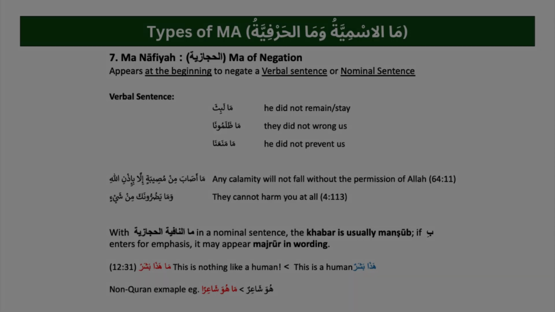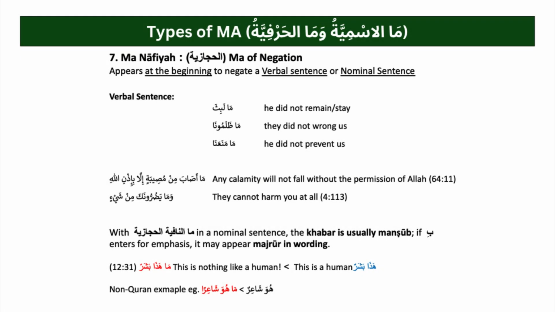Now we come to the next slide of this lesson on the types of ma, and this slide introduces ma nafiya, that is, the ma of negation. This is a very important use of ma, because here the word is no longer acting as a relative pronoun, nor as a condition word, nor as a question word.